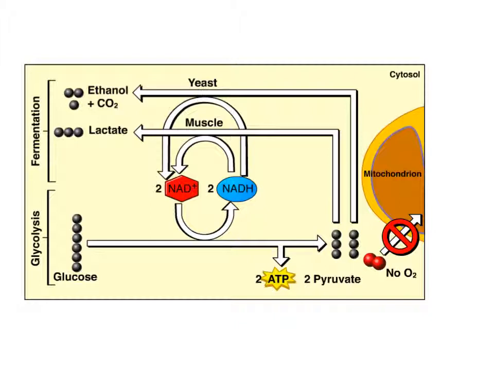The net energy gain in fermentation is 2 ATP molecules per molecule of glucose. Fermentation complements glycolysis and makes it possible for ATP to be continually produced in the absence of oxygen. There are two types of fermentation. Alcohol fermentation, which occurs in yeast, results in the production of ethanol and carbon dioxide. Lactic acid fermentation, which occurs in muscle, results in the production of lactate.